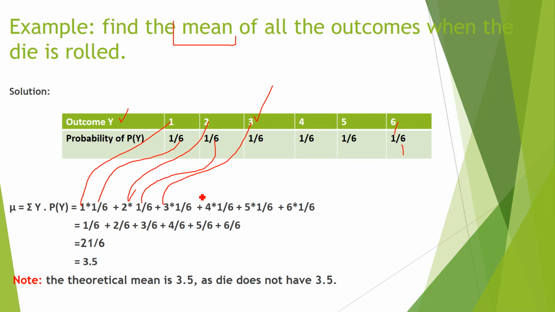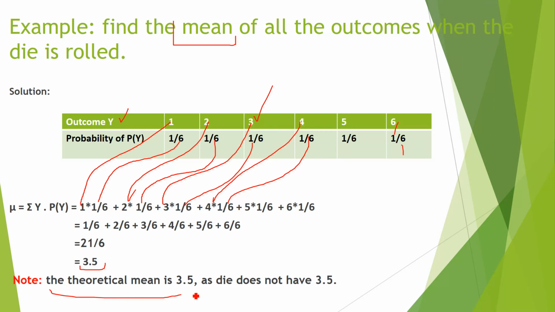So do not worry. The formula is the same. Outcome multiplied by its probability, right? And then you have to multiply and simplify, because the denominator is the same. So you only have to add the numerators, which gives 21 over 6, which is 3.5.